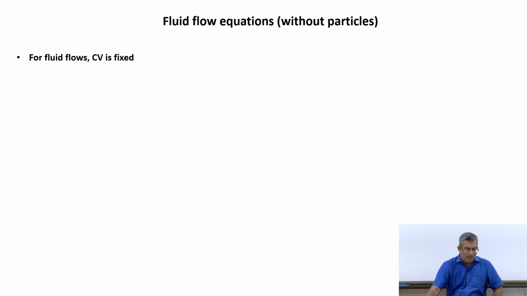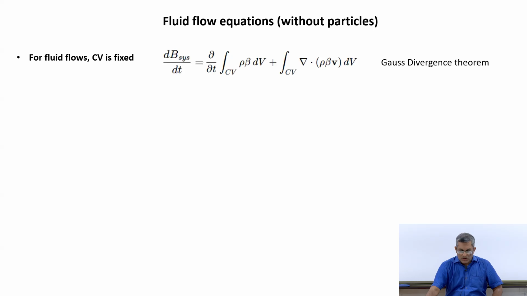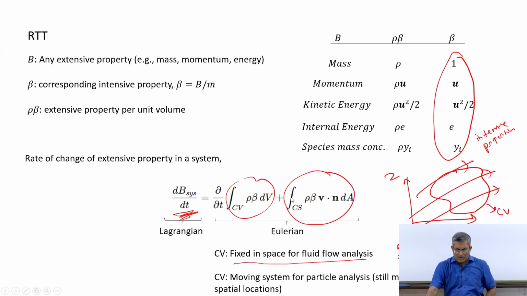As I mentioned, for fluid flows, the control volume is fixed in space. So now we will use the Gauss divergence theorem. Basically we are converting the surface integral to a volume integral, and that is what we have done here.